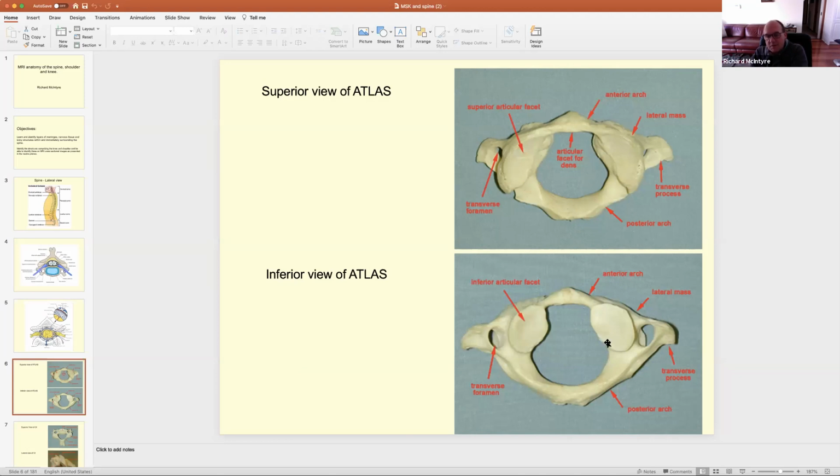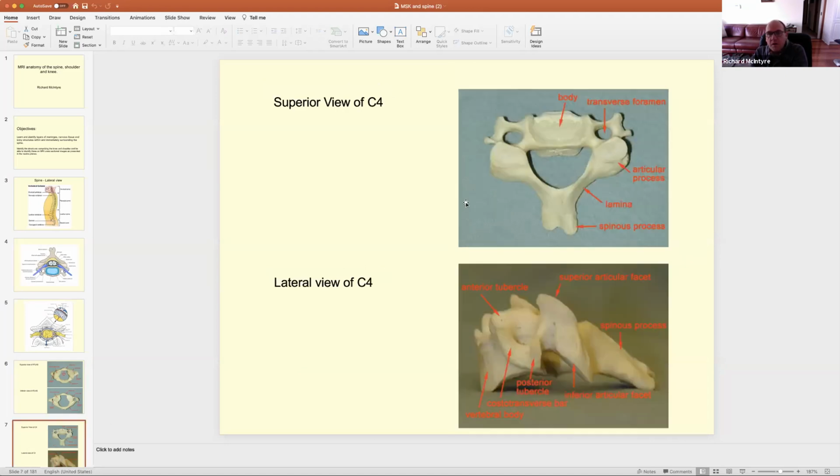C4 is an example of a cervical vertebra: the body, the transverse foramen, articular process, lamina at the back, and spinous process. If they do a laminectomy, they go from the back. Then superior articular facet, inferior articular facet, the tubercles, posterior and anterior, and the vertebral body.